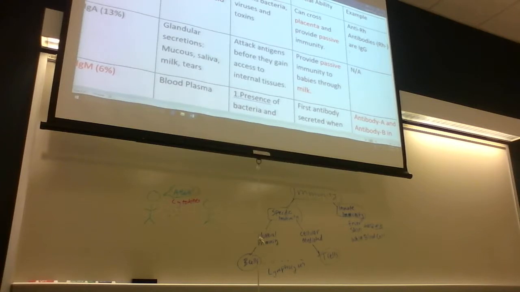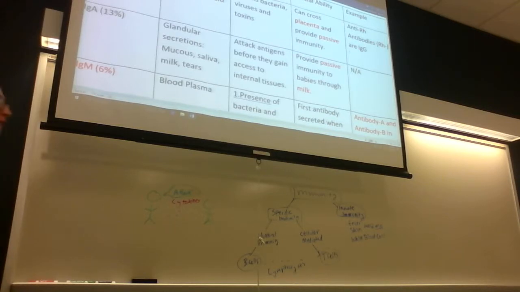IgG makes up 80%, so the majority of your antibodies are going to be IgG. These attack bacteria, viruses, and toxins primarily.